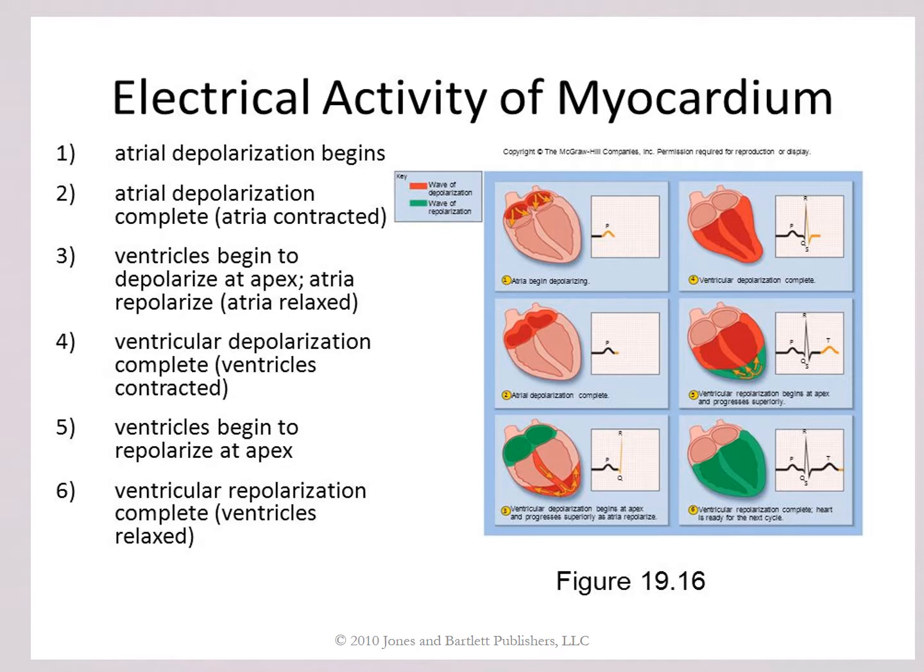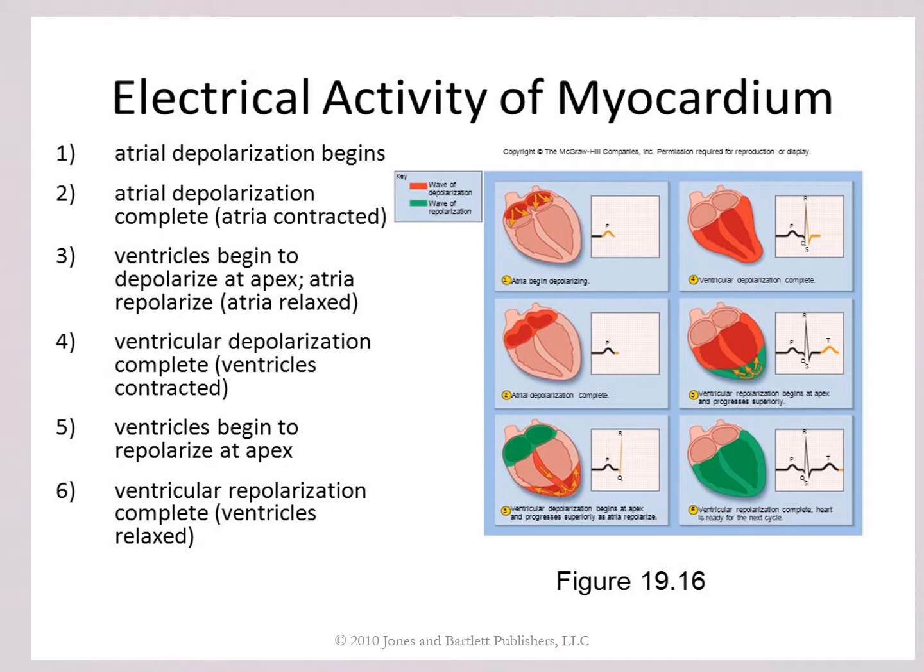Also in number 3, you see the yellow arrows are showing that the electrical signal goes down the middle of the heart, and then it goes around the Purkinje fibers. So the actual ventricle contracts from the bottom upward. So the base of the heart contracts first, and then the contraction continues up through the rest of the ventricle. So that is number 3.